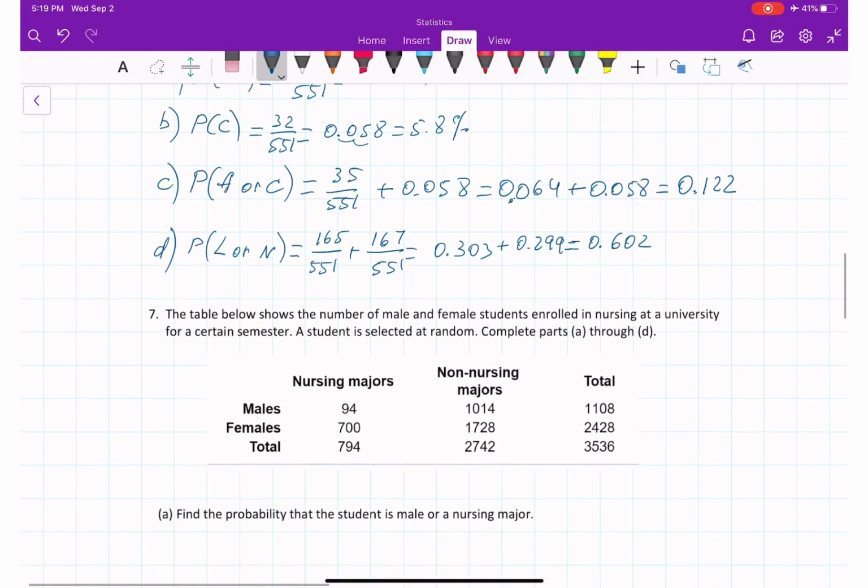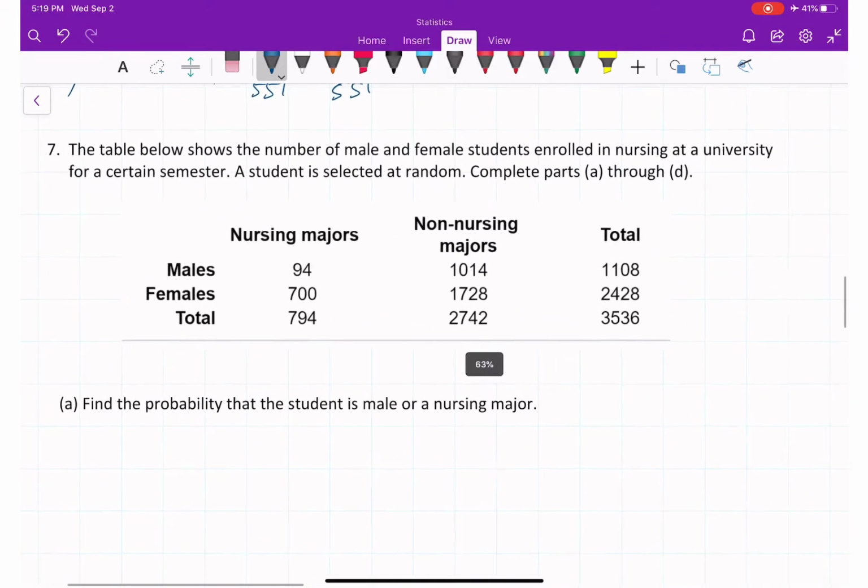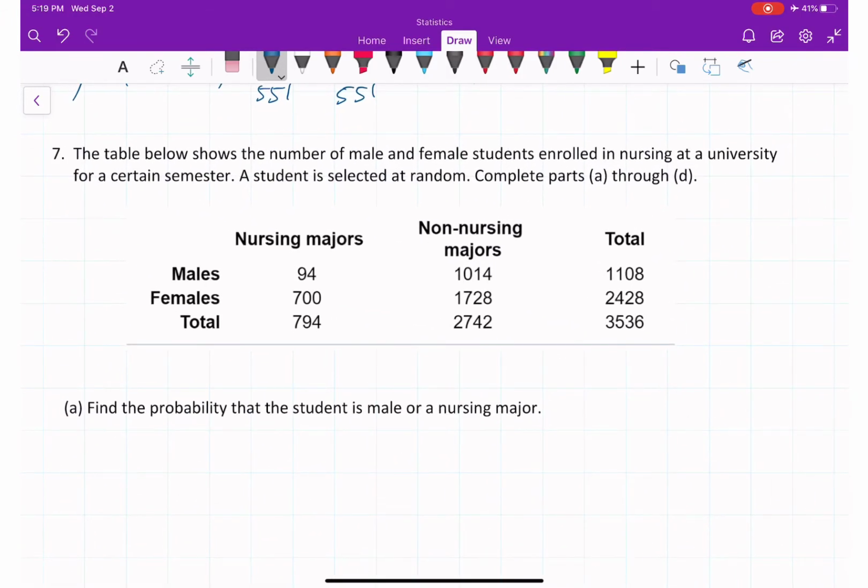Okay, moving to question number 7. The table below shows the number of male and female students enrolled in nursing at a university for a certain semester. A student is selected at random.